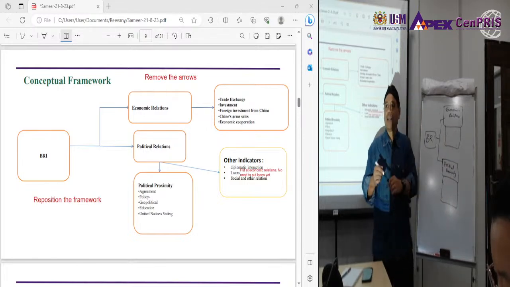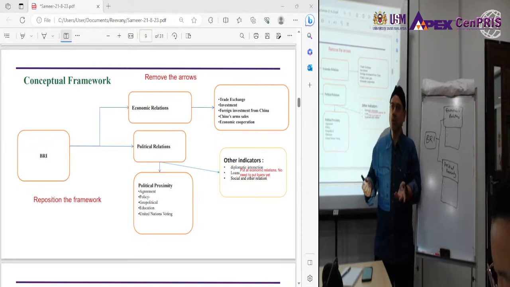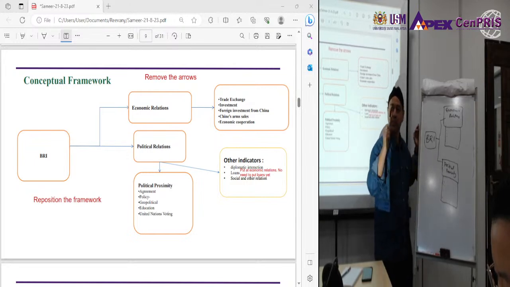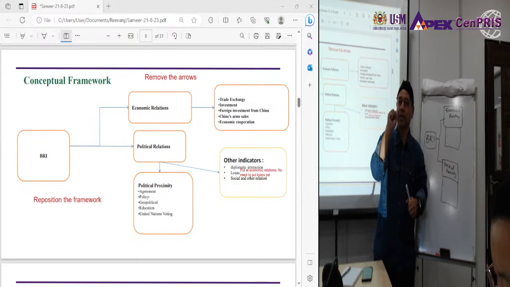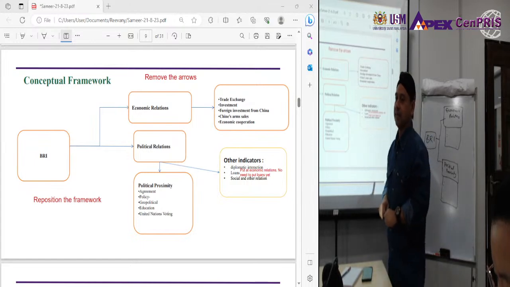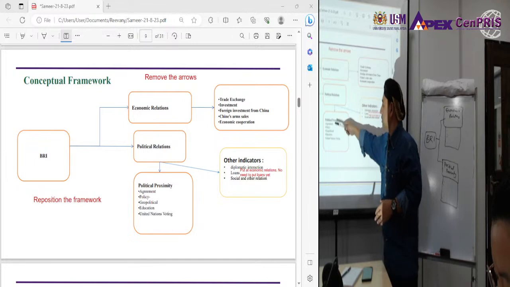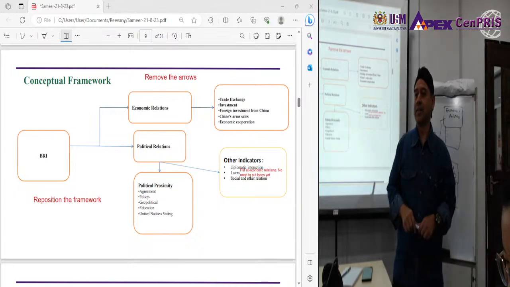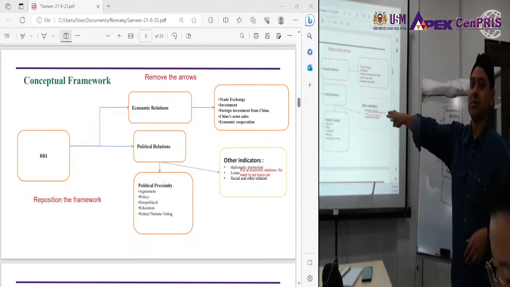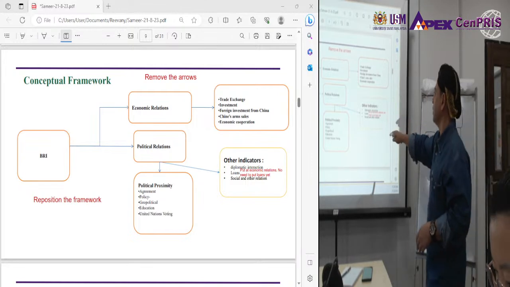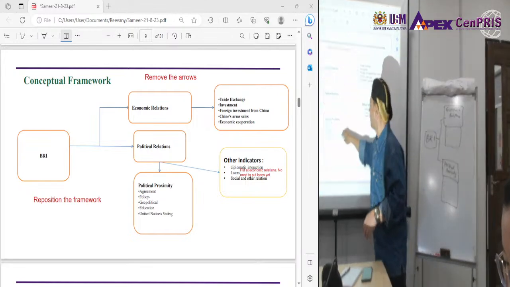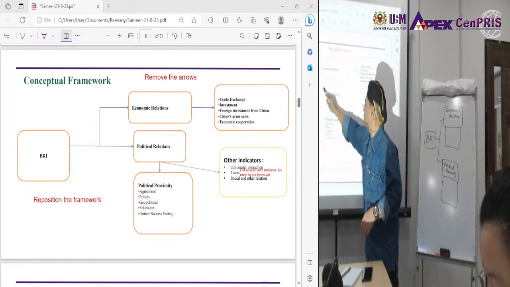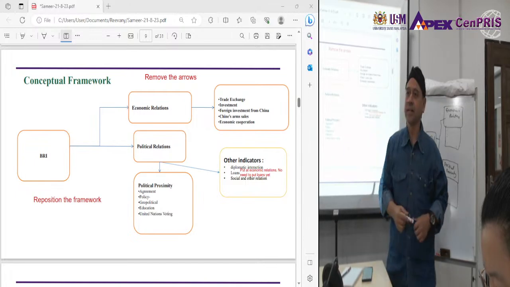If somebody asks you, you're measuring not just general political relations, you're measuring political proximity as a construct, as a concept, because you're defining political proximity using all the indicators you have there. It is the same as this one. Only thing is you put this inside there, remove the words political relations, and throw the arrows away.